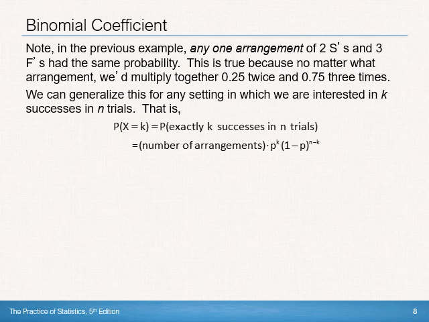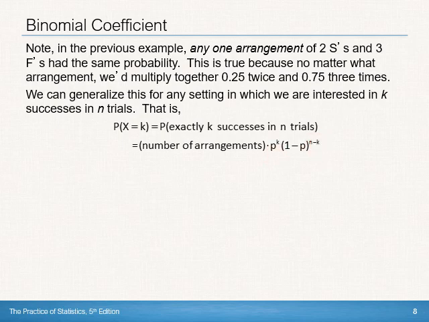But notice we took the probability of success P and raised it to the number of successes, and then the probability of failure, which is 1 minus P, raised to the N minus K. So N minus K is the number of failures. Remember, N is the number of trials, minus the number of successes would be the number of failures.